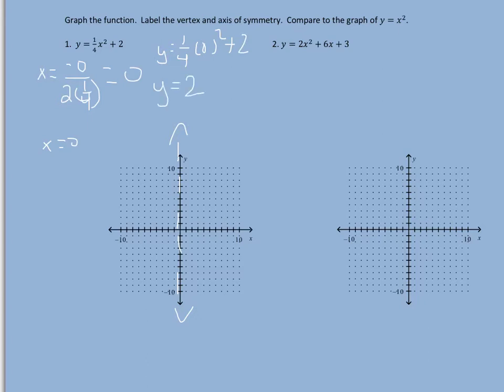So the vertex is 0, 2. So now there's the vertex. Now you have to graph it still though.